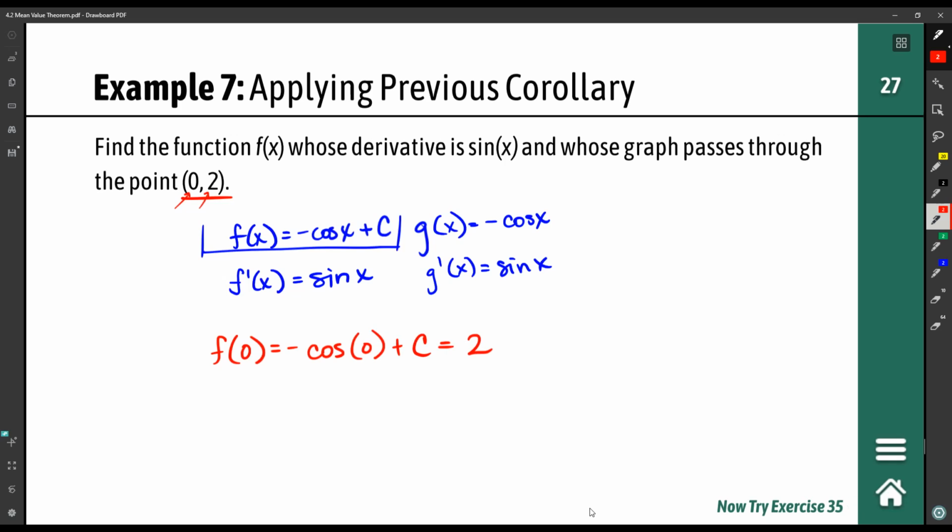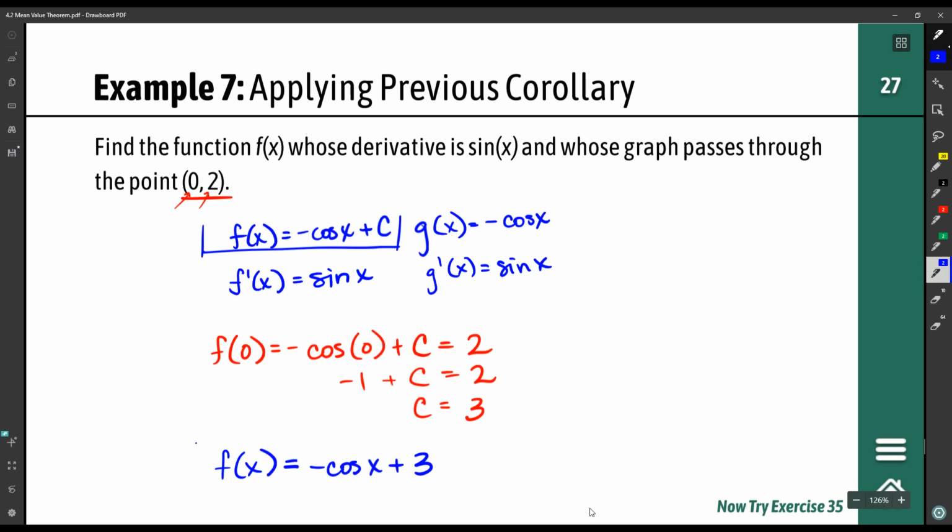So cosine of 0 is 1, so now we have -1 plus a constant is 2, which means that that constant must be 3. And now we can write that final answer that this function must be negative cosine of x plus 3. And that's the function we're looking for.